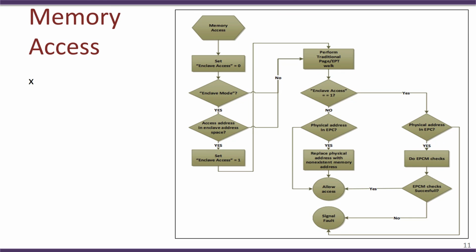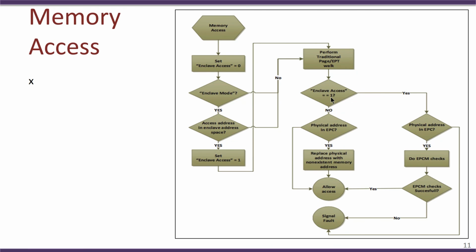We will also look at the final case where we have code present in the enclave, that is, you are running in the enclave mode and you are trying to access data which is also in the enclave. As usual we set the enclave access to 0, and the enclave mode is yes. So, we come here: is the access to an address in the enclave address space? This is yes. So, set enclave access to 1, we go here, perform the traditional page table walk, which converts the virtual address to the corresponding physical address. Then we look at whether enclave access equals 1.